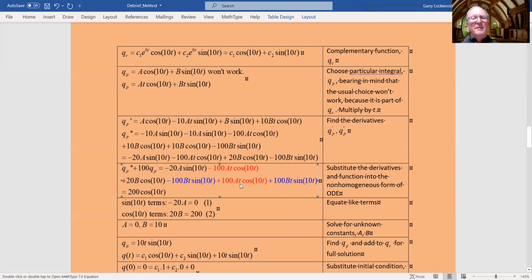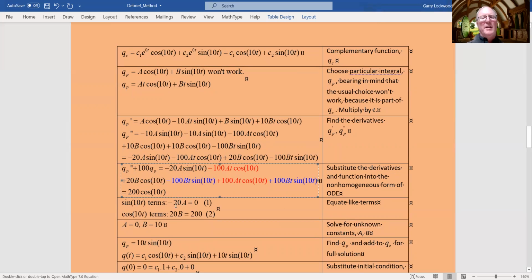And I've coloured these things to show that they will cancel out. And then I'm looking at my sine 10t terms, because this equation can only be true if the sine 10t terms on the left are equal to the sine 10t terms on the right, and if the cos 10t terms on the left are equal to the cos 10t terms on the right.